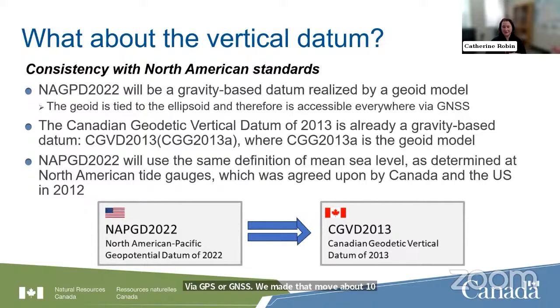So our current system is CGVD2013, and it's realized by a geoid model called CGG2013A. NAPGD2022 will use the exact same definition of mean sea level as agreed upon in 2012, and it will use the exact same geoid model. So we are currently working on this model, and CGVD2013 will use the model, and NAPGD2022 will also use the model. The two systems will be exactly the same, and in some sense, NAPGD2022 is going to be equal to what we currently have right now.